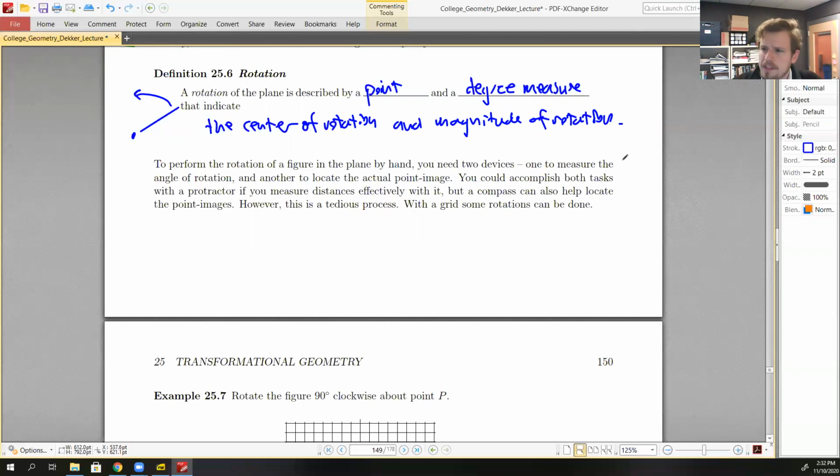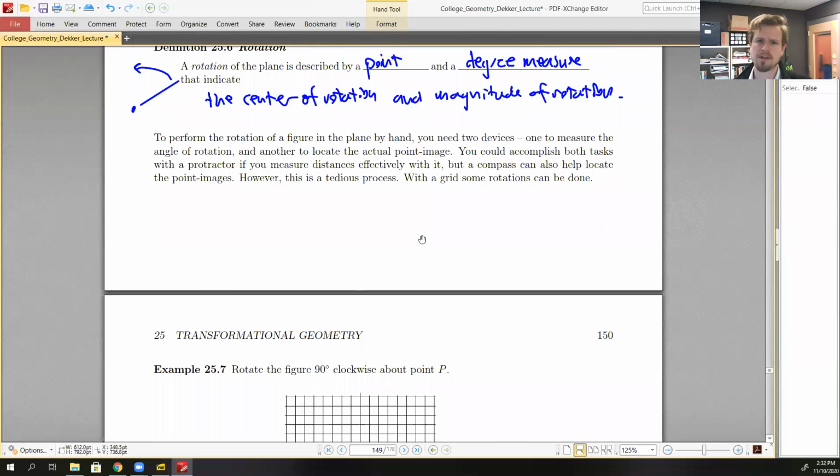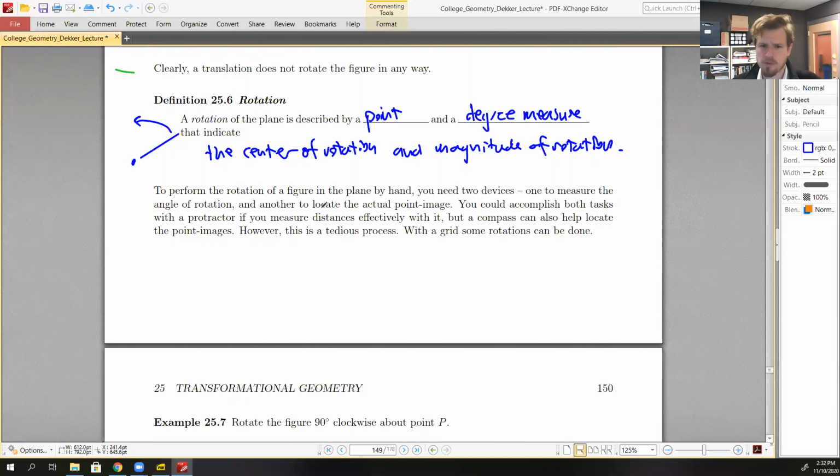So there may be times, in particular on an exam, and I think maybe even in the homework, in order to perform a rotation, you need two devices. One to measure the angle of rotation, and another to locate the actual point image.